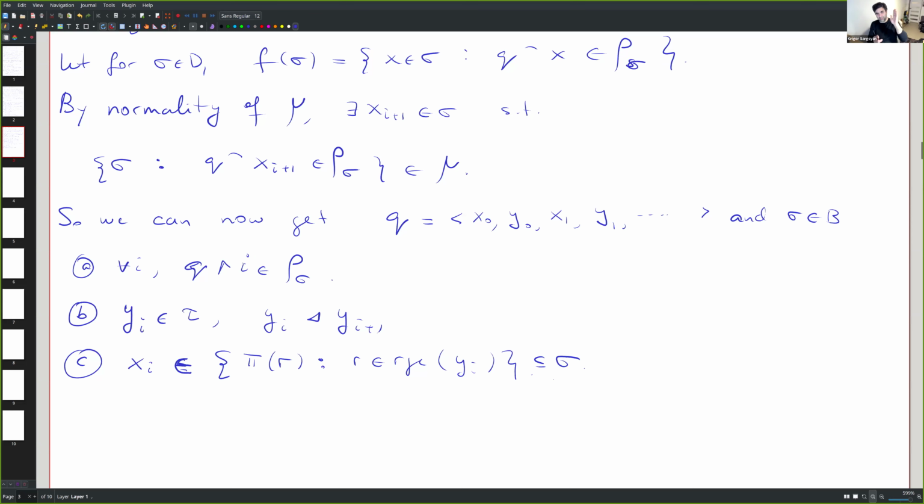So you look at your x0, the tau gives you a response, right?